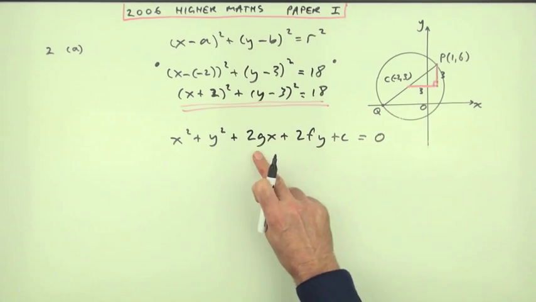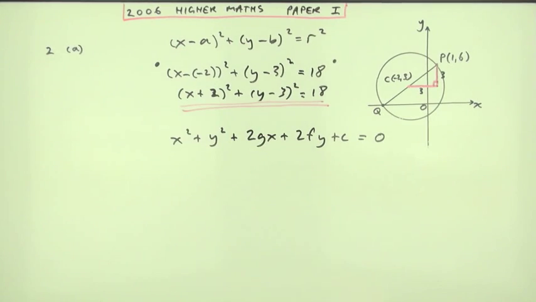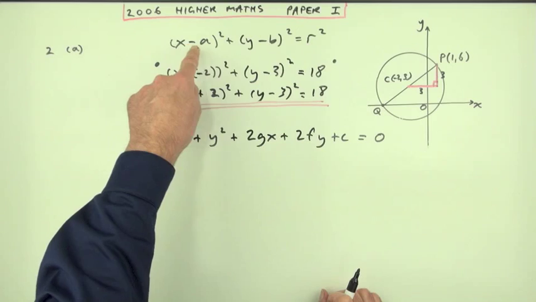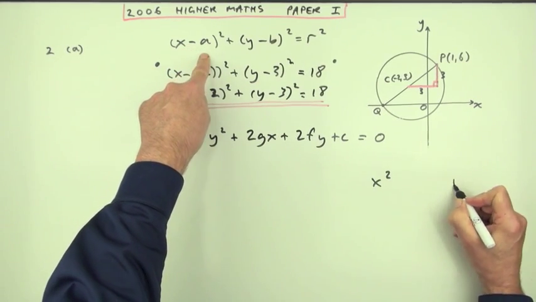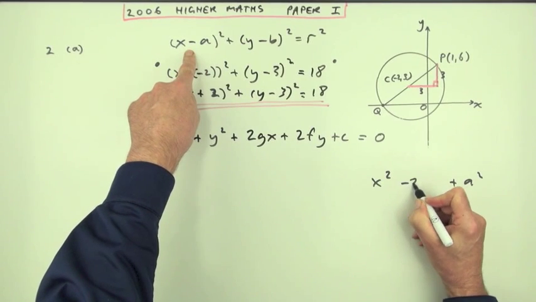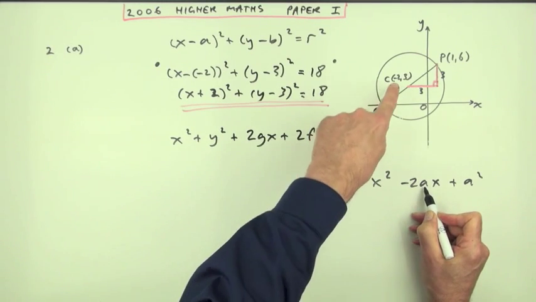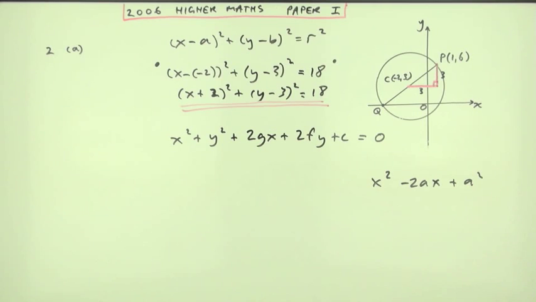But that means you'd have to interpret these 3 parts. Remember, that is just this thing multiplied out. Obviously, when you square a bracket, it'll be square the first, square the last, twice the product. You would have an x squared plus an a squared, and then a minus 2ax. So all that's happened to a, which is the x coordinate of the centre, is it's been multiplied by -2.